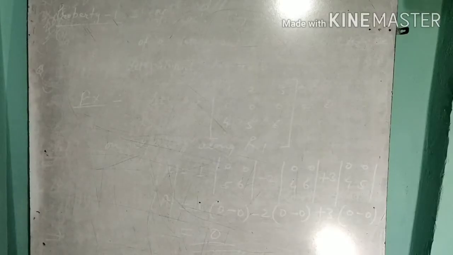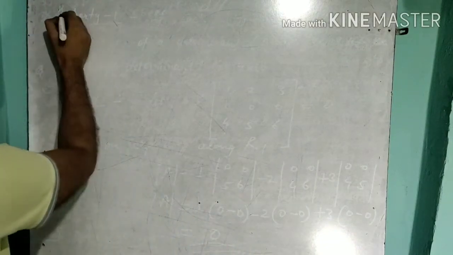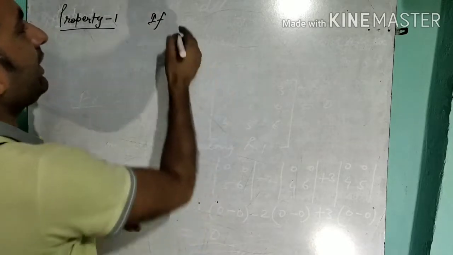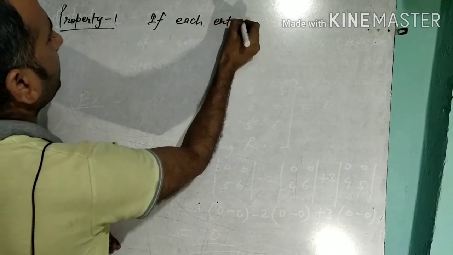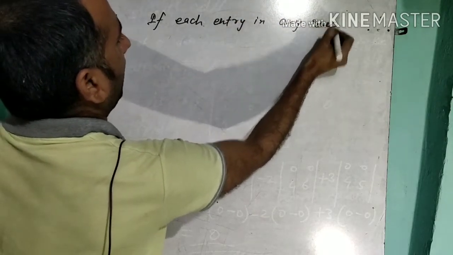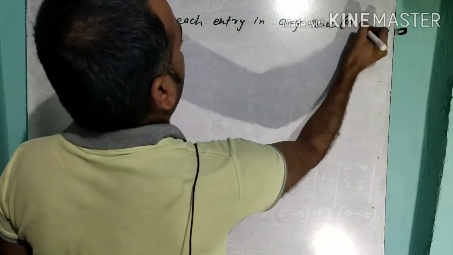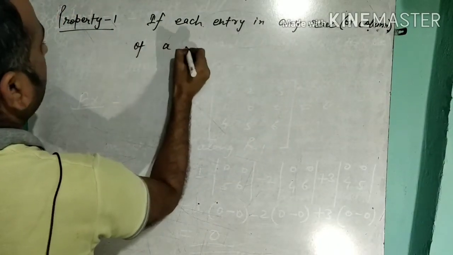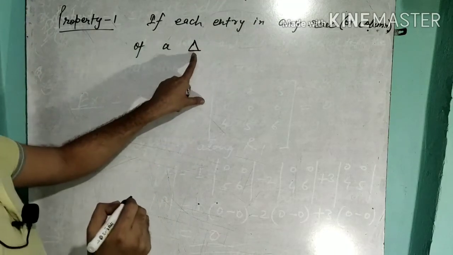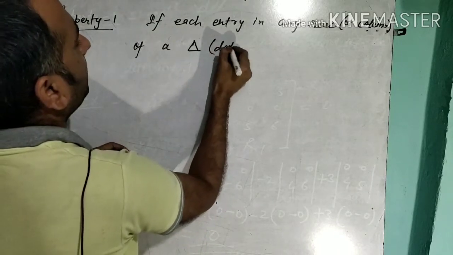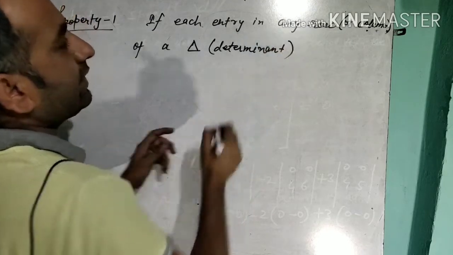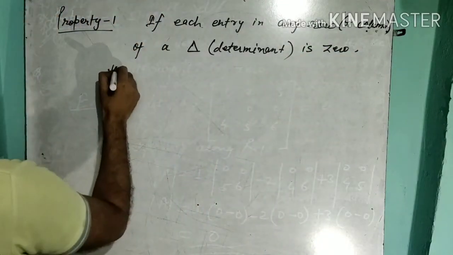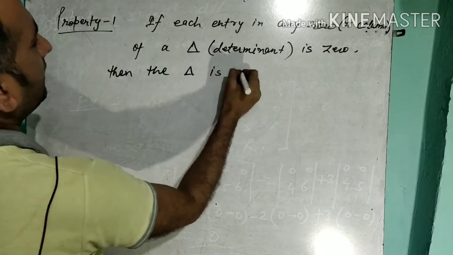Students, see here, I am explaining property 1. Property 1 is: if each entry in any row or column of a determinant is 0, then the determinant is 0.